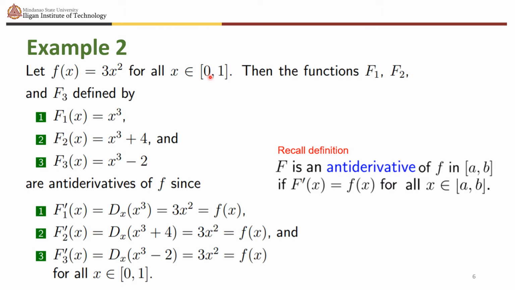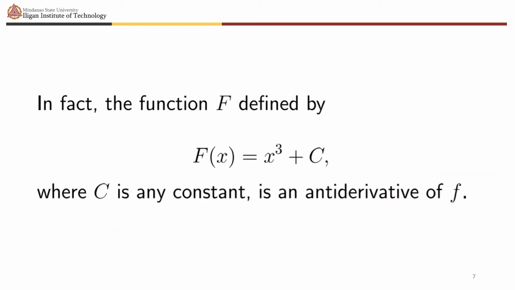Meaning to say, a function can have a family of antiderivatives. In fact, the function F defined by F of x equals x cubed plus c, where c is any constant, is an antiderivative of f.